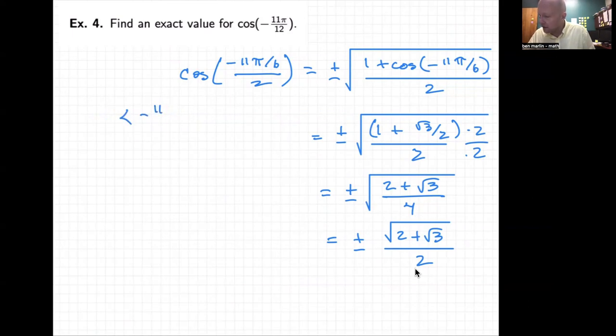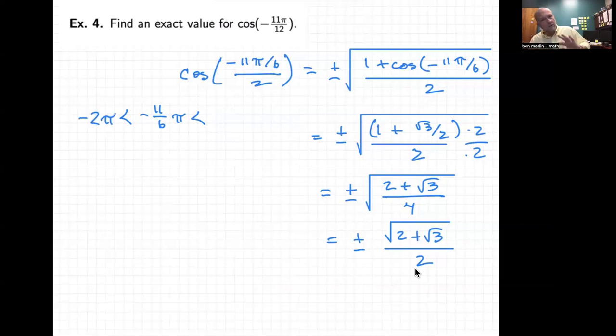So let me write it as negative 11/6 pi. Thinking about the integer multiple of pi that'll be nearby, 11/6 is very close to 2. So negative 2 pi will be nearby because negative 2 is less than negative 11/6. So the negative 2 pi will be here.